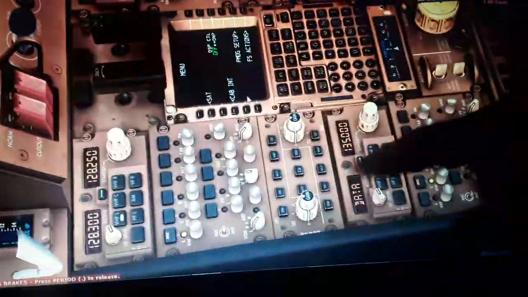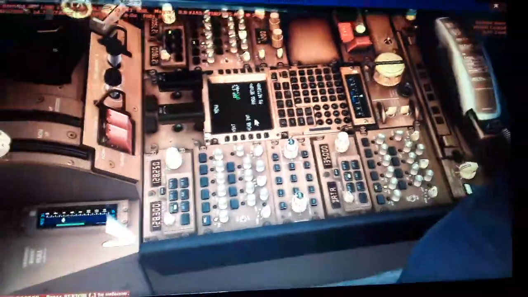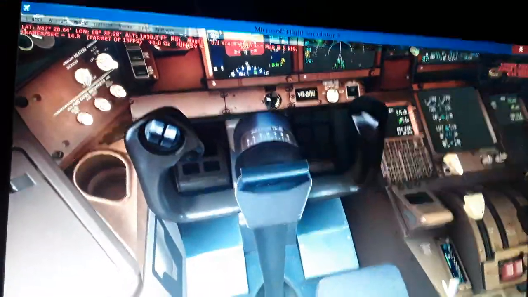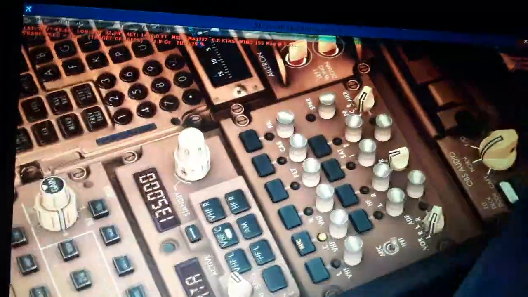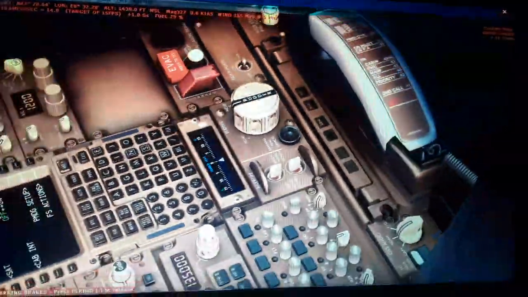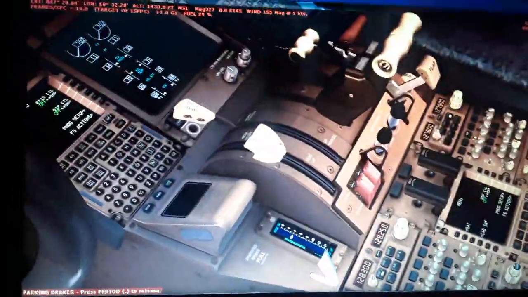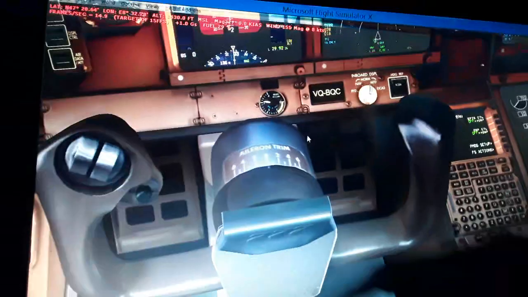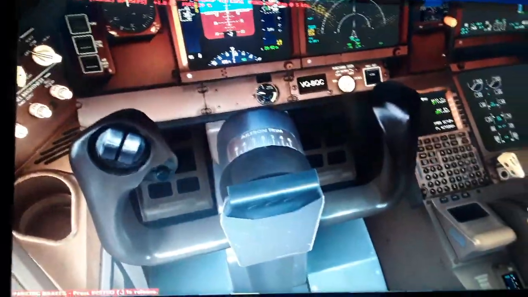We have also the weather radar. We have the flight controls here, I told you: the horizontal trim stabilizer, the aileron trim, and the rudder trim. You can see the rudder trim here, and the aileron trim, and you can see also the horizontal trim stabilizer. I moved it here to balance the aircraft in flight.